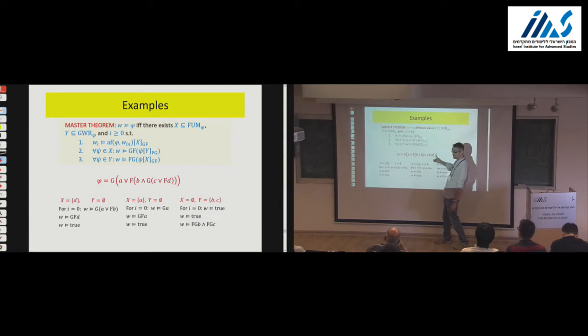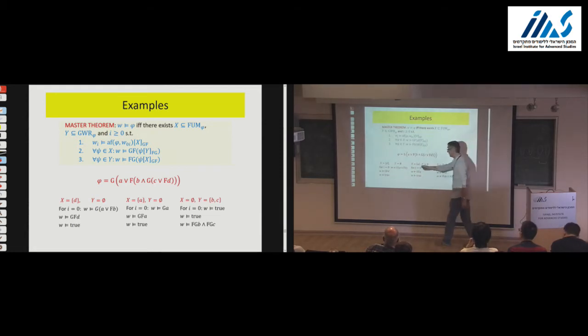So this becomes true, and then all we have in the end is G, A or F, B. So one possibility of proving that this formula is true for a word is to prove that the word satisfies GFD, and then prove that the word satisfies this, right?